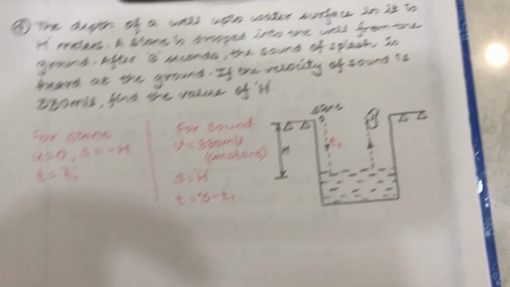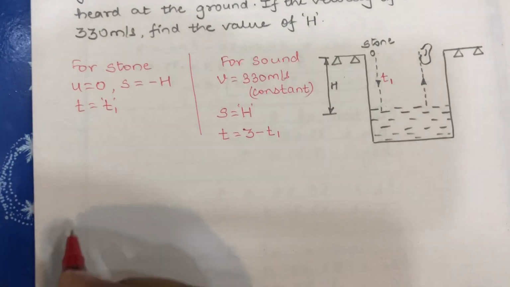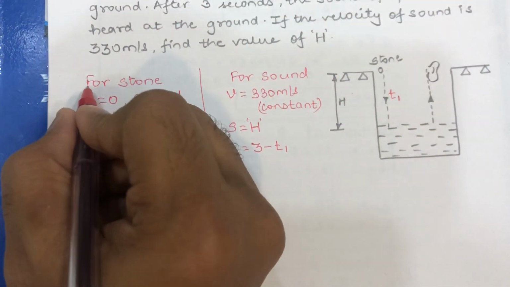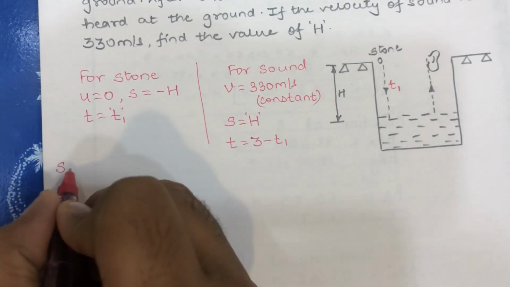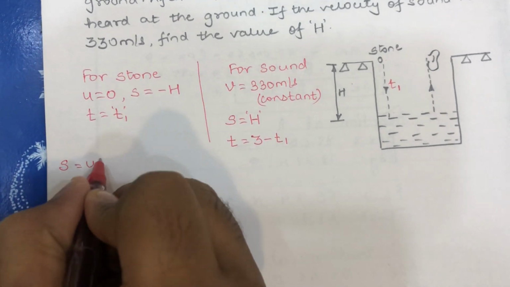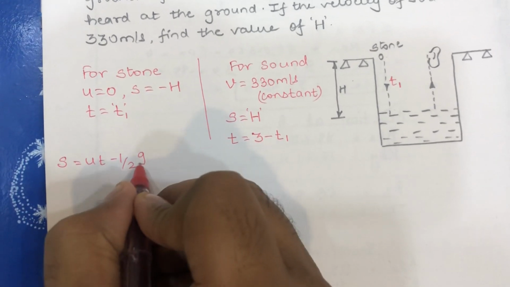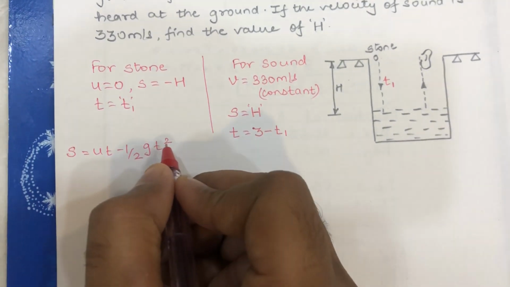Now we apply the kinematical equation for the stone. The kinematical equation for the stone: s equals ut minus half g t square.